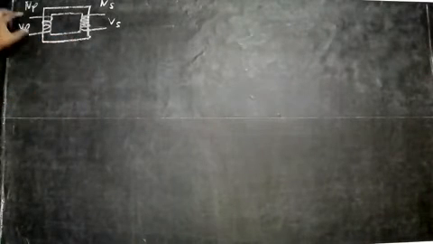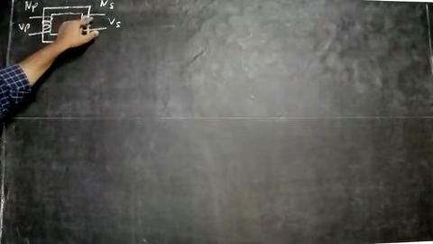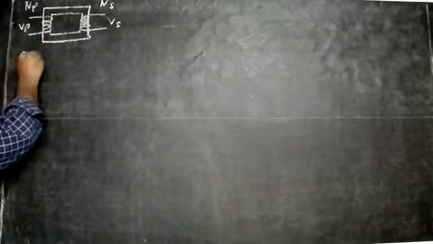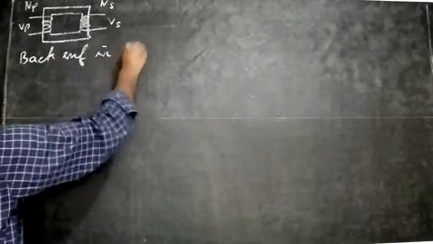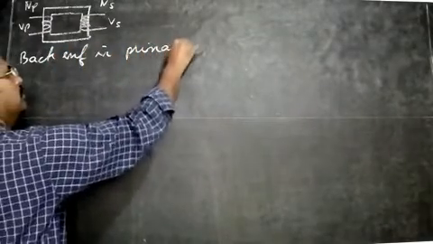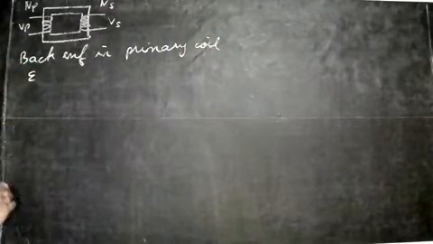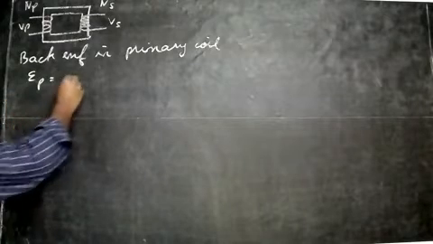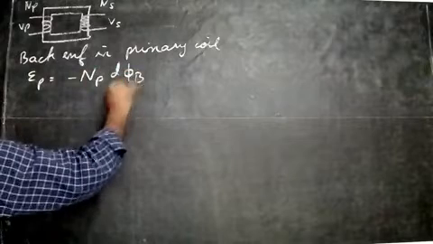How does it work? Now we give a voltage VP, and due to induction there will be a back EMF in the primary coil. The back EMF we write as epsilon. The back EMF in the primary, using Faraday's law, equals minus NP into d phi b by dt.